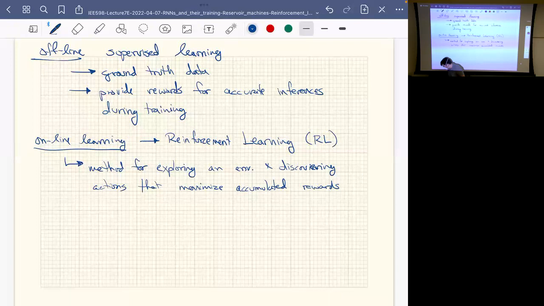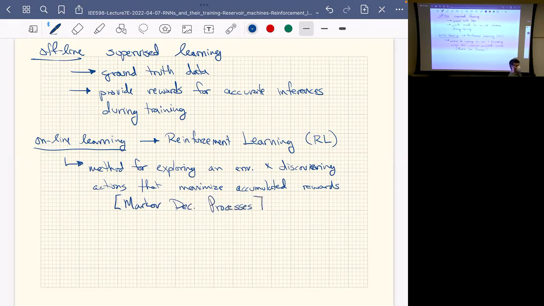And so if you're familiar with Markov decision processes, this is very closely related. In a Markov decision process, you take an action which changes the state of the world, maybe your state, maybe the world state, and maybe leads to a particular reward.